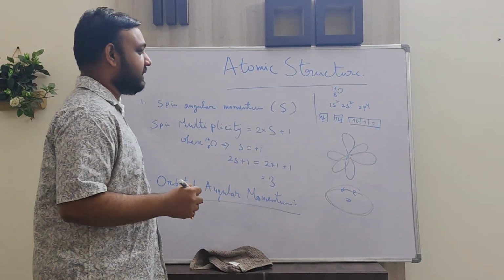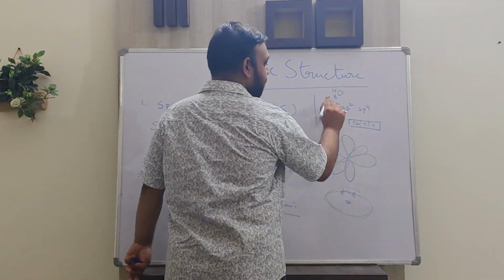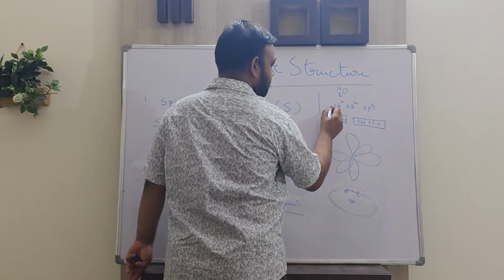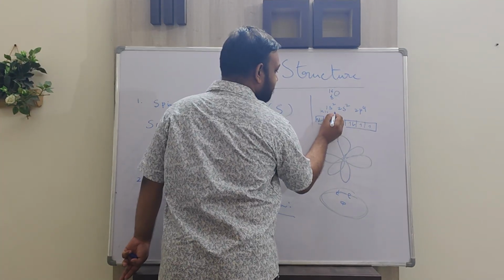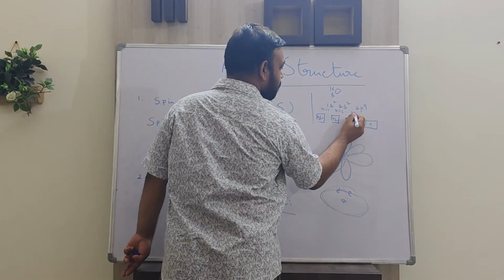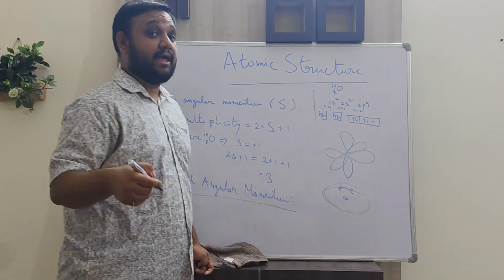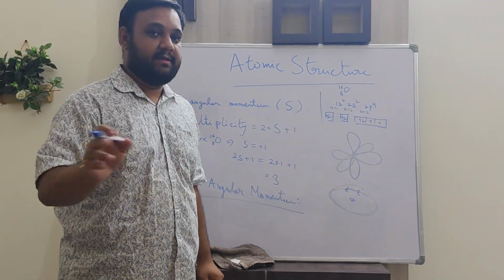One important thing we need to understand, that we already know. For oxygen, let's talk about n values. This one is n equal to 1, this is n equal to 2, here also 2p, n equal to 2. That is called the principal quantum number.